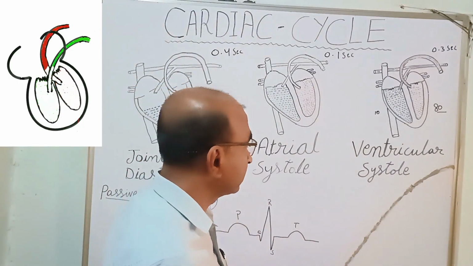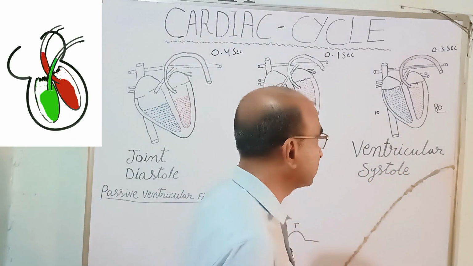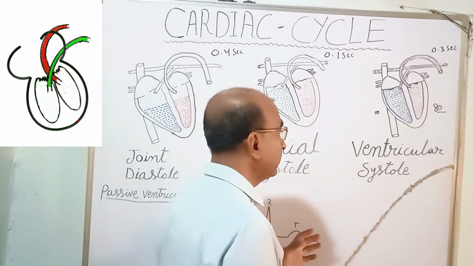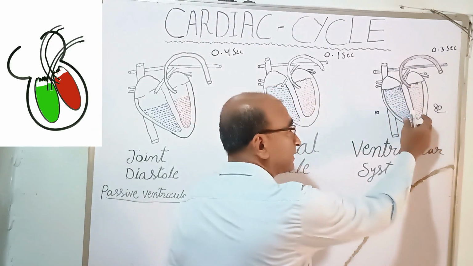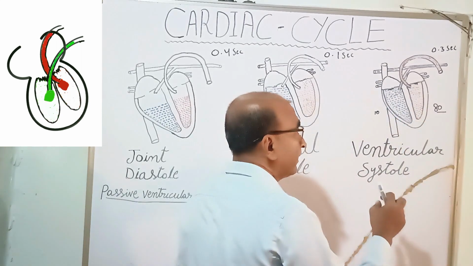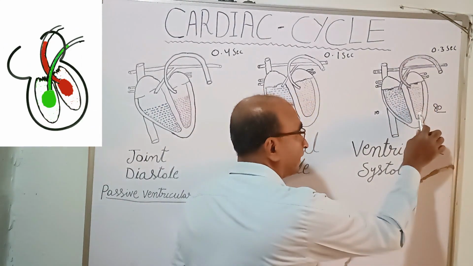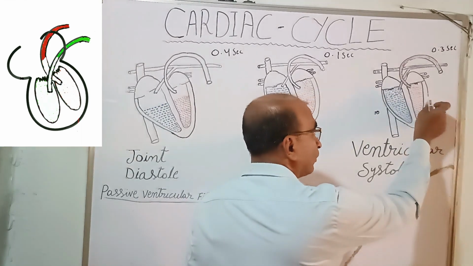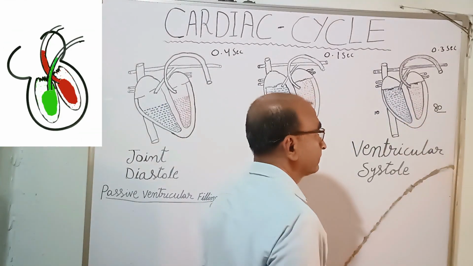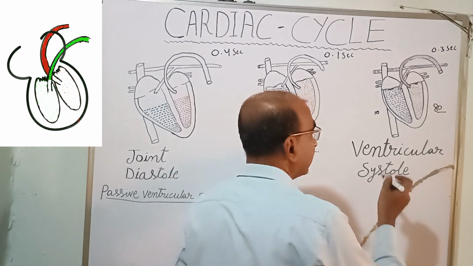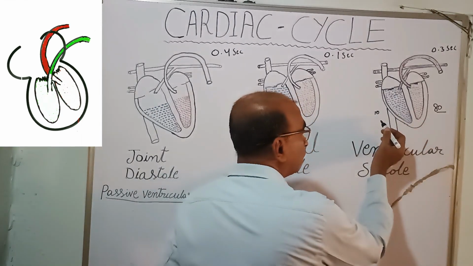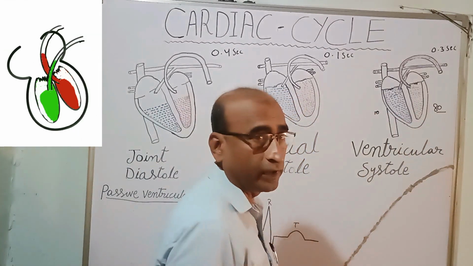Now the third event is the ventricular systole. In the ventricular systole, the ventricles are completely filled, and before contraction of the ventricles, the pressure remains up to 0 to 80 millimeter of mercury in the left ventricle, and in the right ventricle, from 0 to 10 millimeter of mercury.